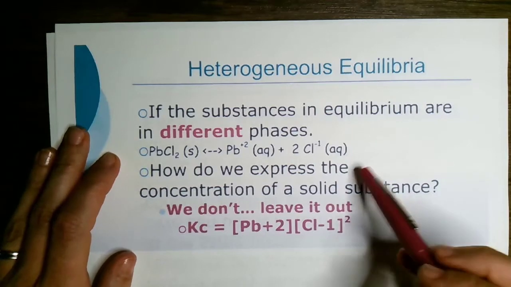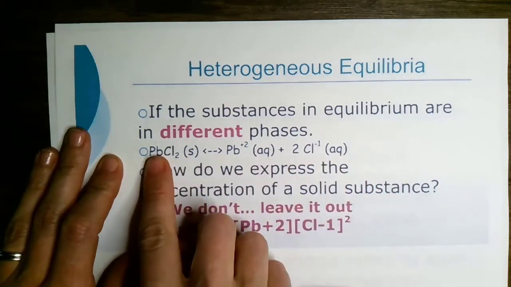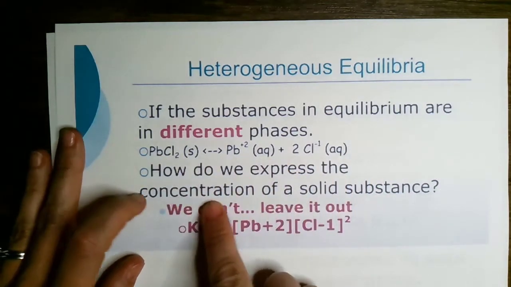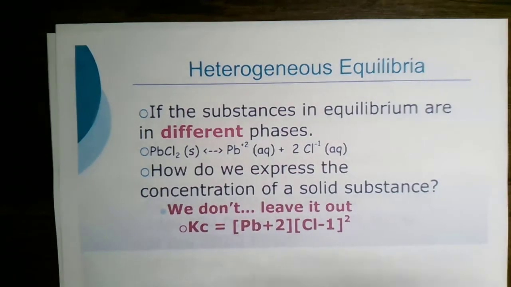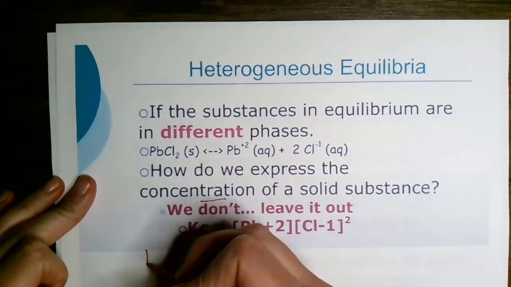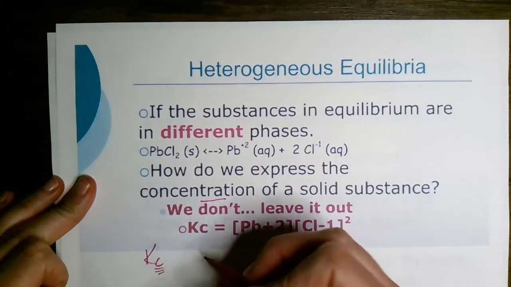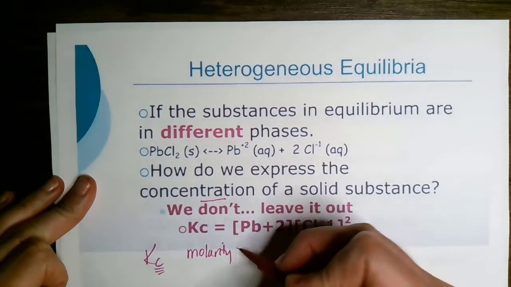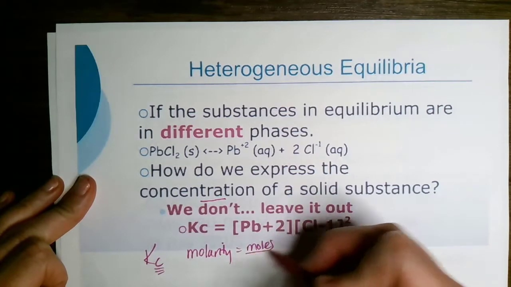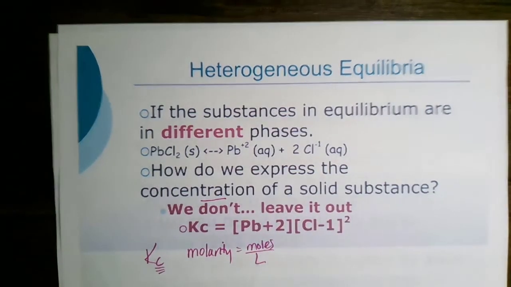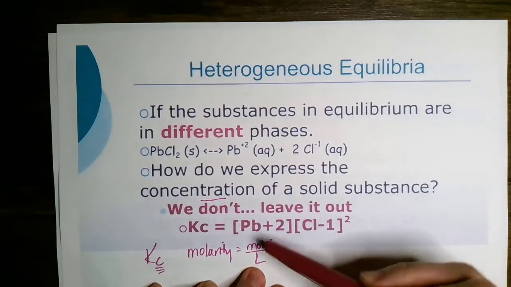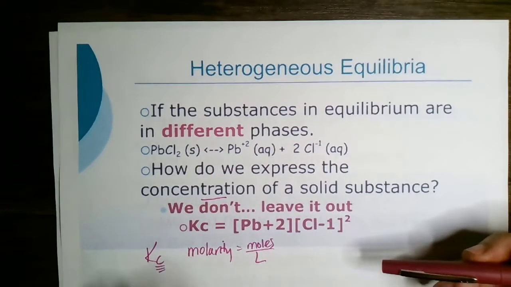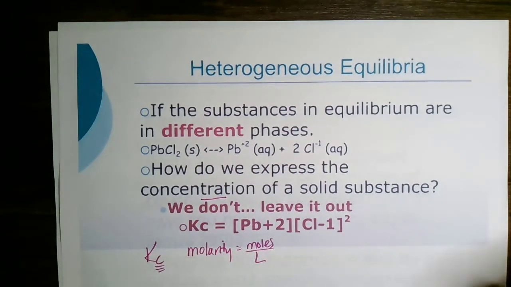So you might think, okay, we would do products over reactants, but how do we express the concentration? Because for Kc, concentration is measured by molarity, which is how many moles per liter there are of the substance. And that doesn't apply to solids or liquids.